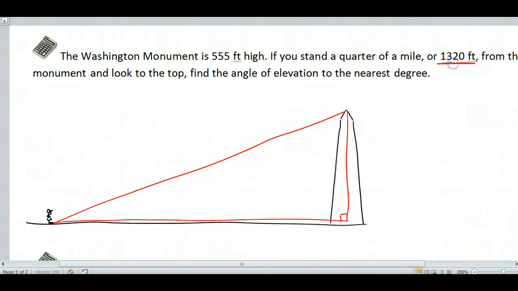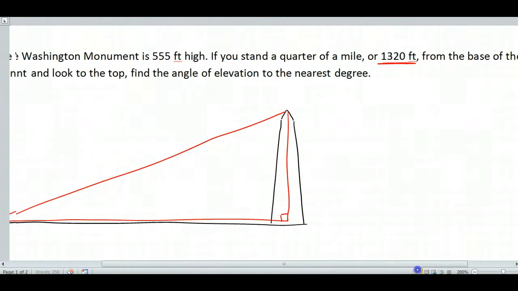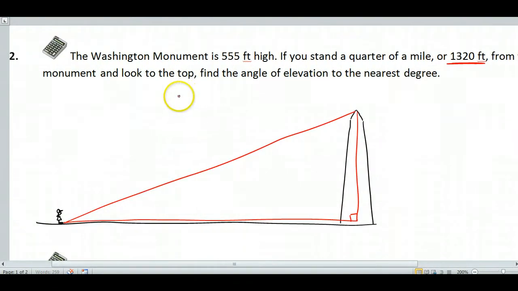This is from the base of the monument. You stand right here, okay? 1,320 feet. Don't put it here. It has no meaning here. There's no way you can figure out this distance directly, right? Then the height, of course, is right here.